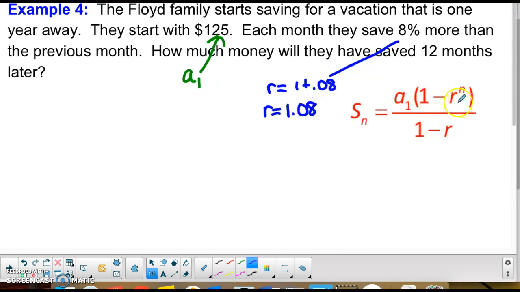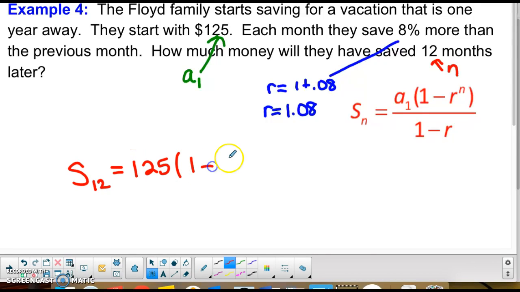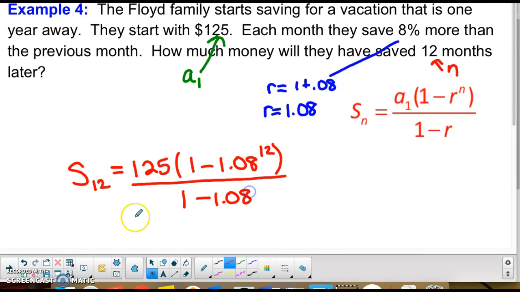And then we have everything we need because our N right here is 12 months. So we're just going to plug that into the formula. So the sum for the 12 months is going to be our A1, which is 125, times 1 minus our 1.08, which is R, raised to the 12th, divided by 1 minus 1.08.